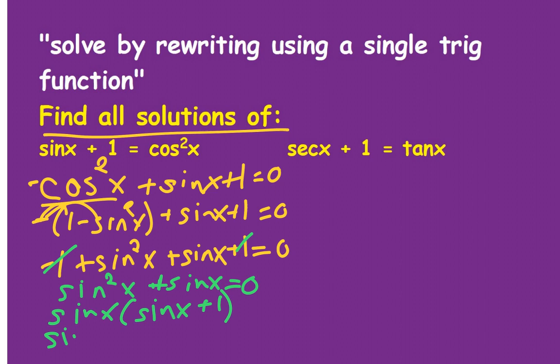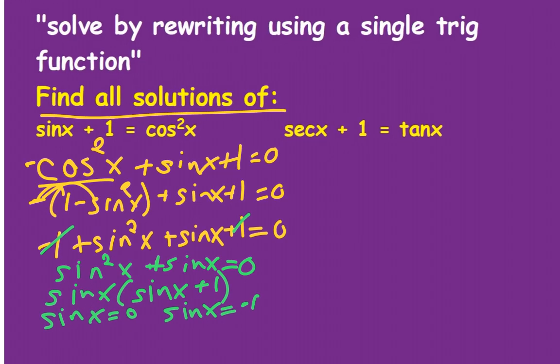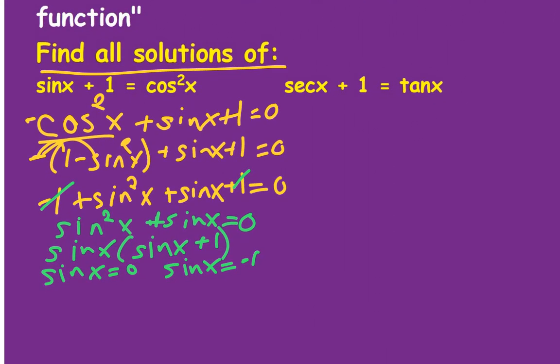So where is sine equal to 0, and where is sine equal to negative 1? Oh yeah, it stayed together. So I look around the unit circle. Sine is equal to 0 at 0. It's also equal to 0 at pi. And I want all the solutions.